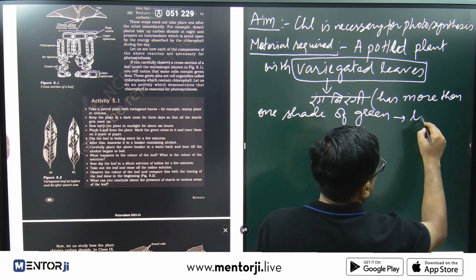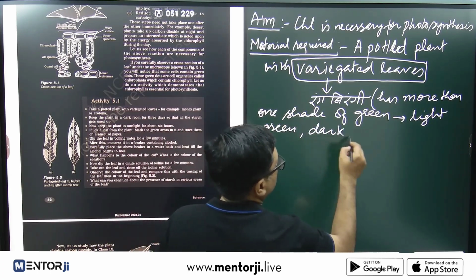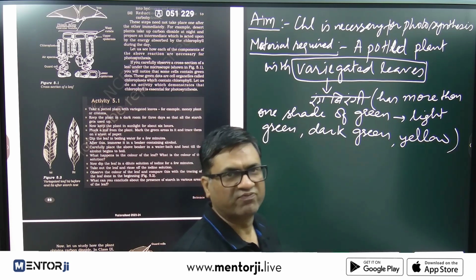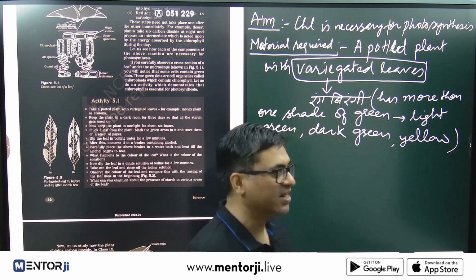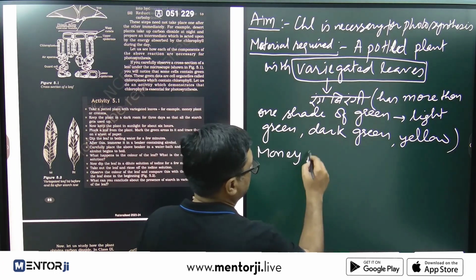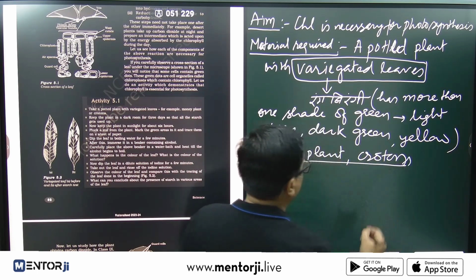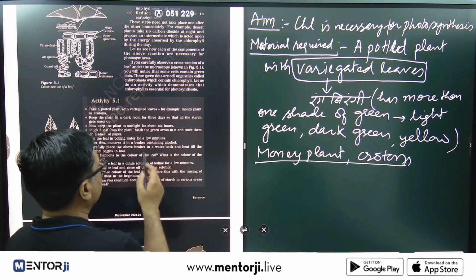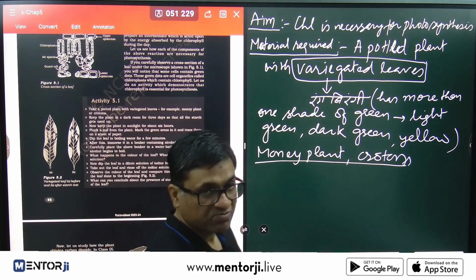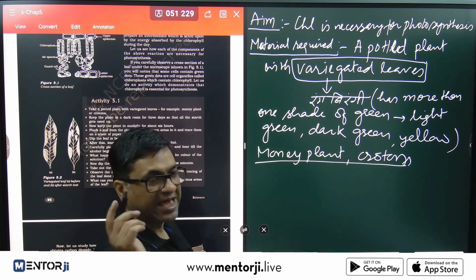That means light green, dark green, yellow. So all the different shades of green we are taking, and common examples are money plant and croton. These are the two plants given in this activity, the croton and the money plant.